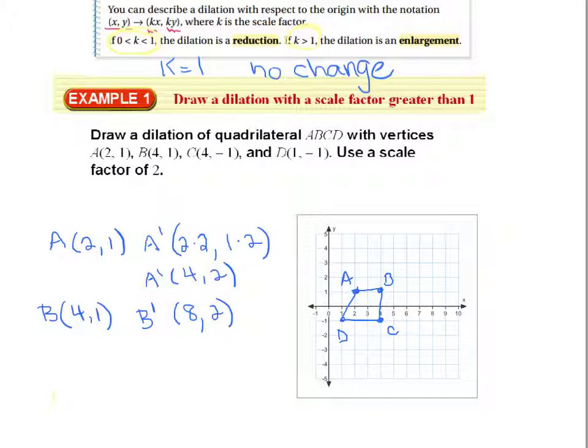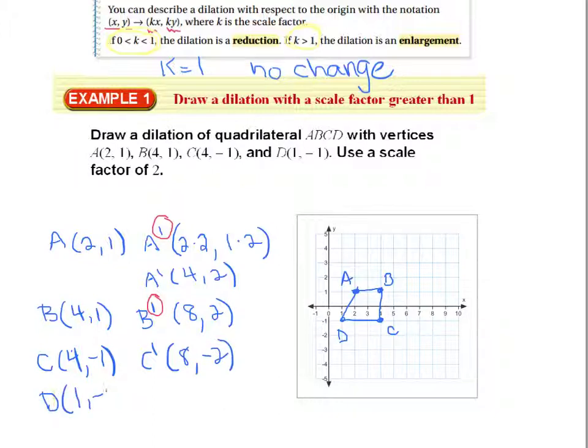If you notice here, there is a notation. These are primes. It's how we indicate that it's the new figure and not the original. If C is (4, -1), then the new C would be (8, -2). And if D was (1, -1), then my new D would be (2, -2).